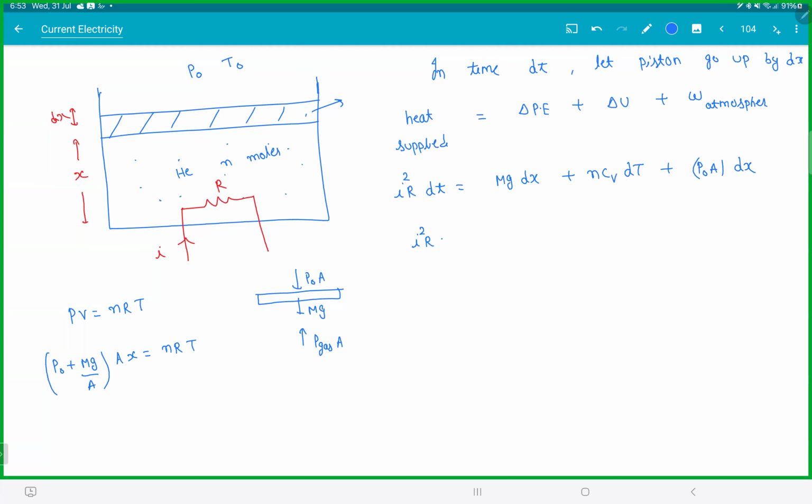You end up with I squared R equal to mg dx by dt, which is actually the velocity of the piston, plus nCv dT by dt, since you want the rate of change of temperature, plus P naught A into dx by dt. Here, differentiate on both sides.